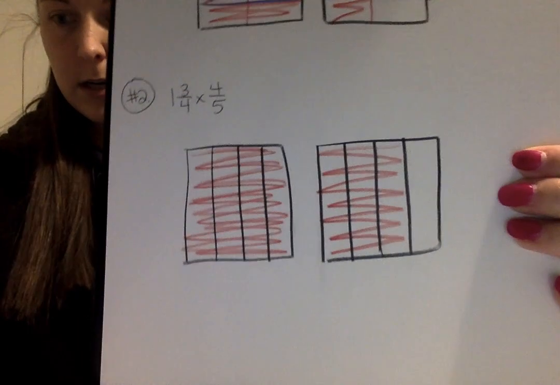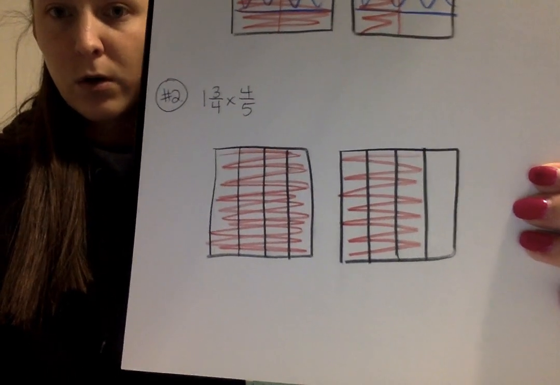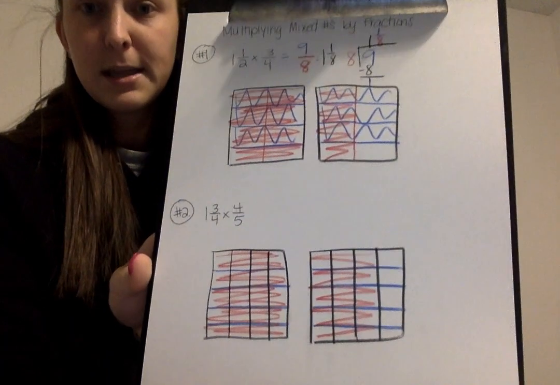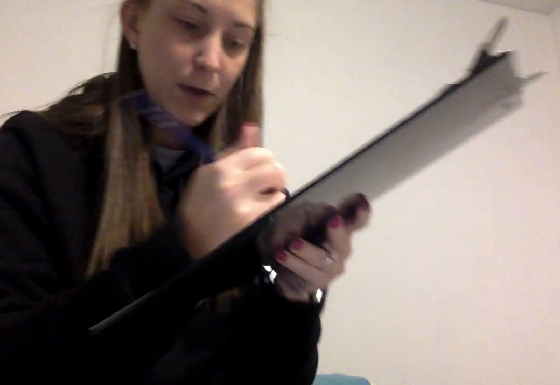And then 3/4 of this other rectangle. So it's going to look kind of like that. Horizontally, I'm going to break it into fifths to represent 4/5. So it looks like that. I've got to shade in 4 of those fifths.